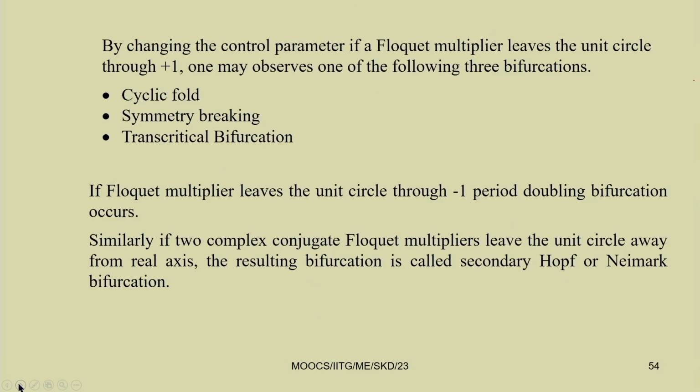Like the fixed point response, in this case also we have 3 different bifurcations if the Floquet multipliers cross the unit circle through +1.